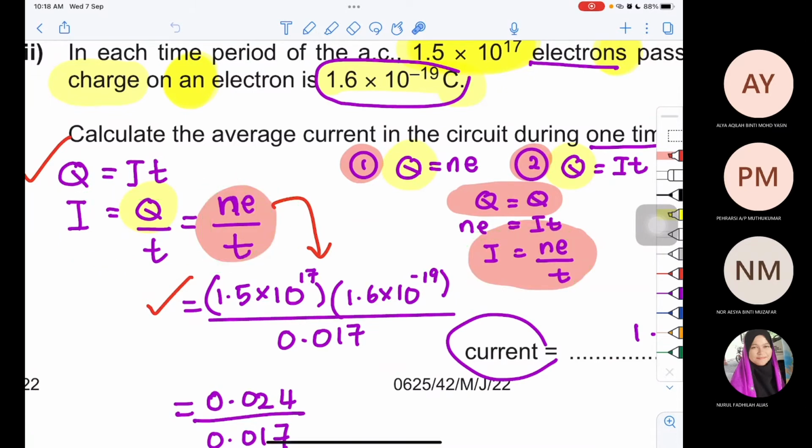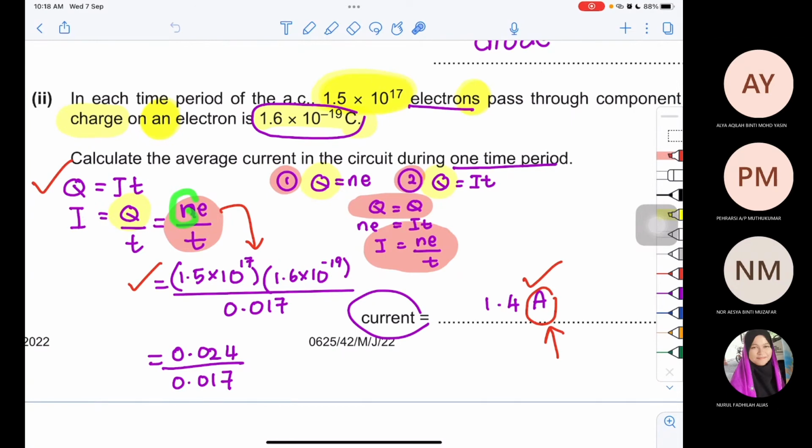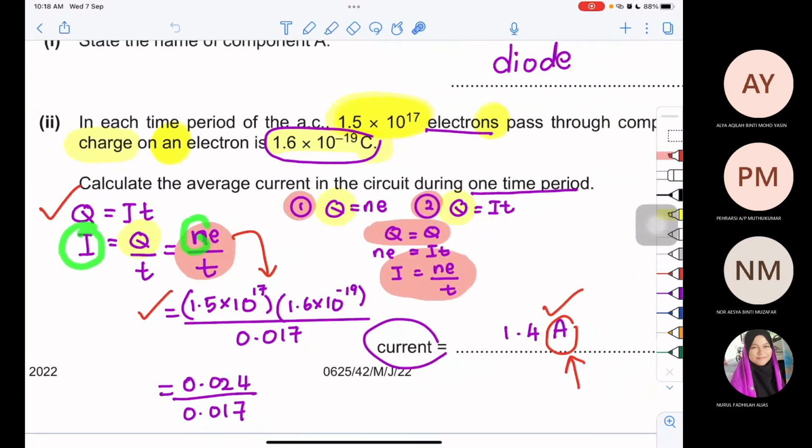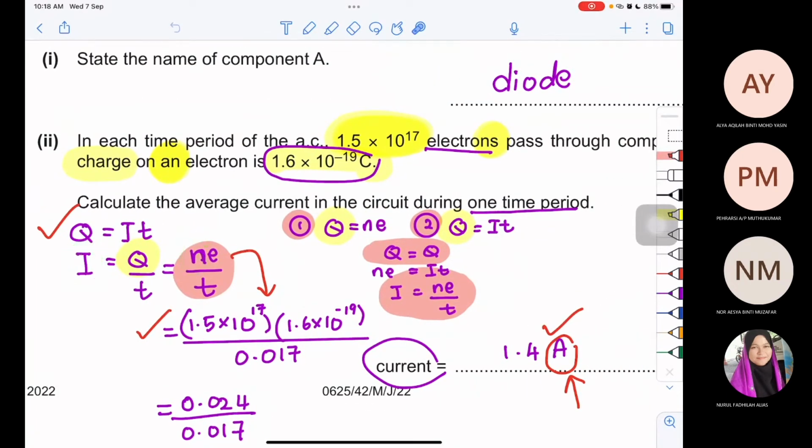So now kita just substitute the value. So what is N? For this question, the current that is flowing is not about one electron. So kita ada how many electrons here? Dekat sini dia kata this charge is only for n electron.